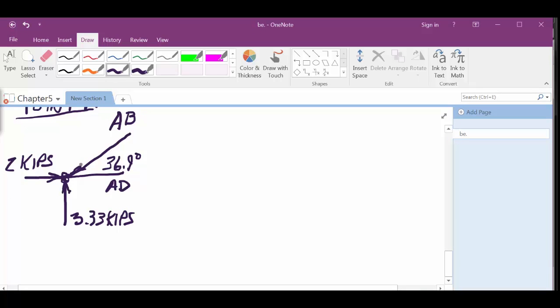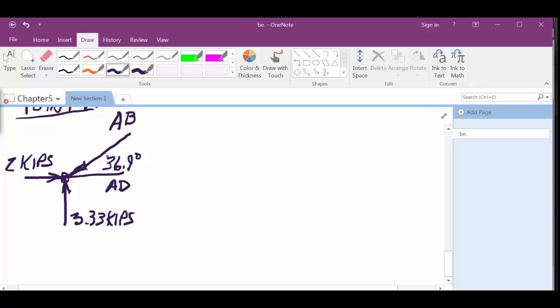So I'm guessing that's in compression because it has to push back down on that thing to keep this thing static, doesn't it? Does that make sense? It's the only way we can tell. Do we really know what AD is doing? Excuse me. Not 100%. However, we do know that AB is off at 36 degrees.